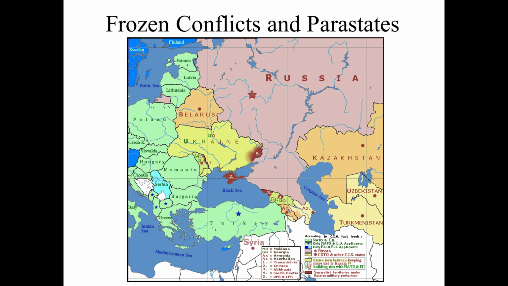In this lecture, we are formally looking at something that we have already examined in class, but again, for those of you that didn't take notes and want a more dedicated lecture on this, welcome once again, and for the final time, to our study on frozen conflicts and parastates. Now, these are two vocab words that will be important for you to note as we move into the final writing assignment.